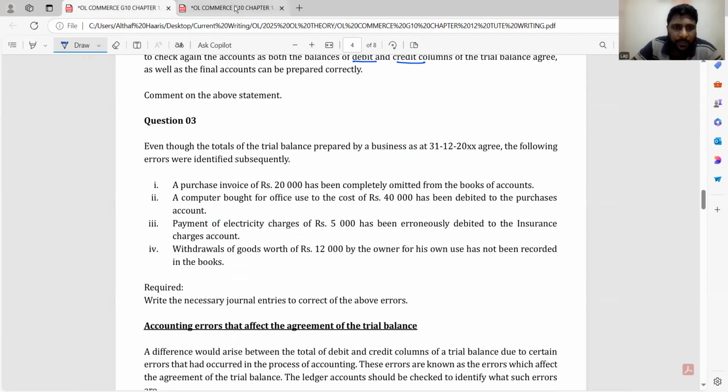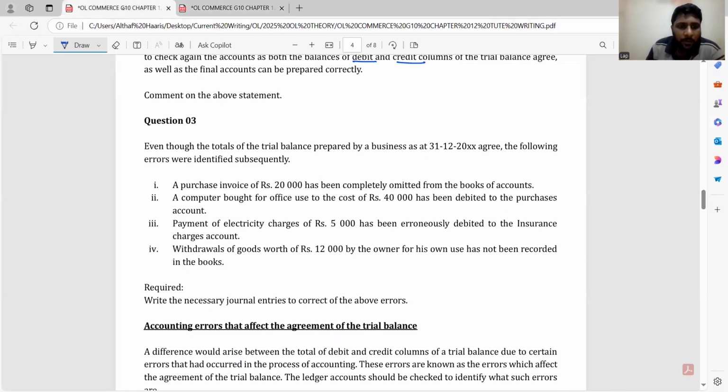Now let's do the next question, Lamai. Question number 3. Even though the total of the trial balance prepared by the business as at 31st December agree, meaning the total of debit and the total of credit of the trial balance is the same, it's balancing.